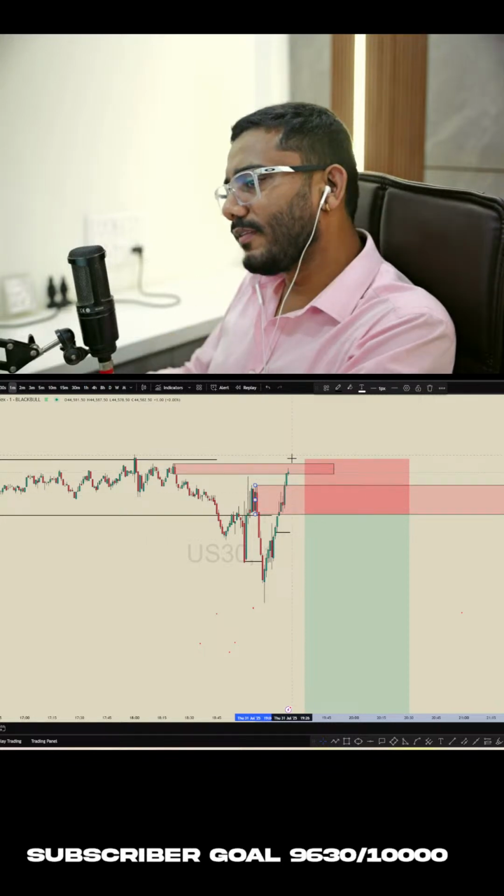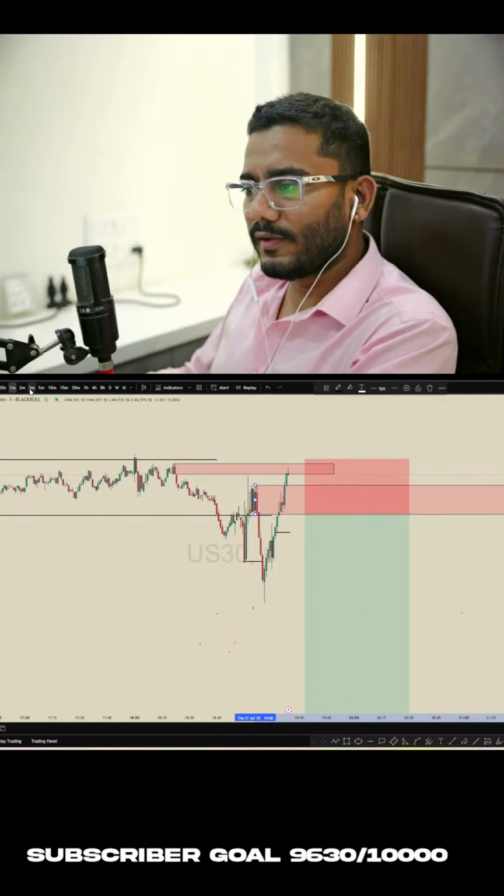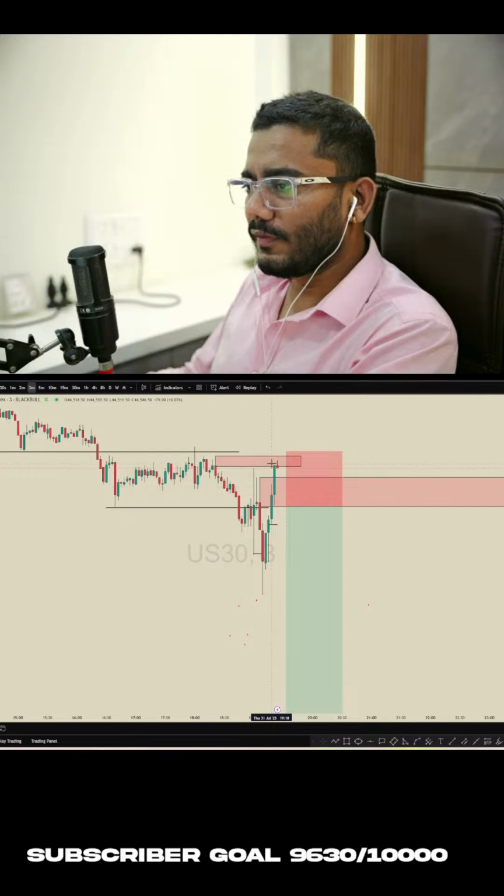But if this breaks, then probably we'll look for a buy side setup in this area.